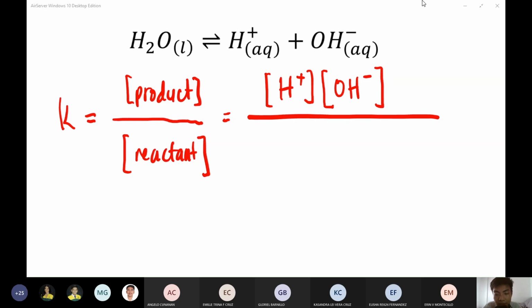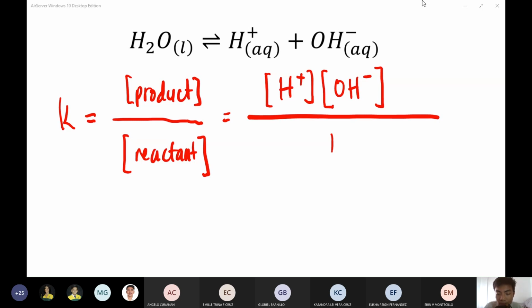How about the denominator? On the denominator, we have H2O, which is in liquid form. So what did we say? When it's liquid, it is not written. So basically, only 1 is left at the bottom. It is not 0, because anything divided by 0 is undefined. So it's just 1 in this case.